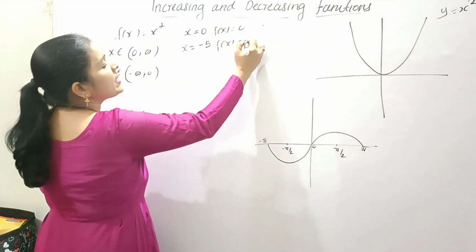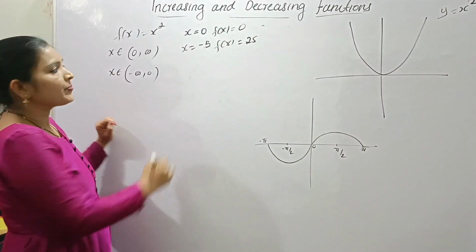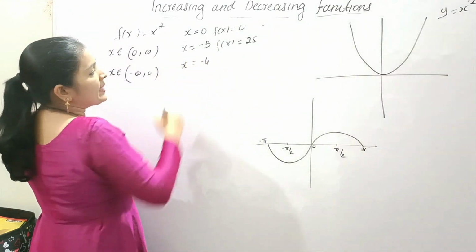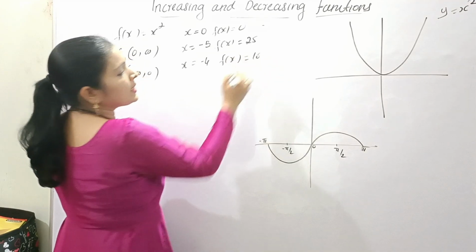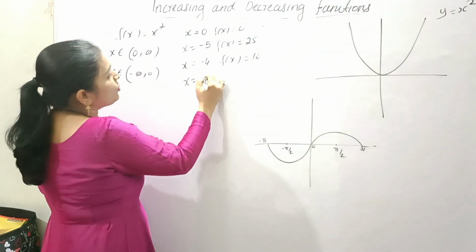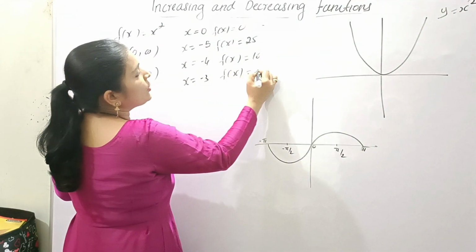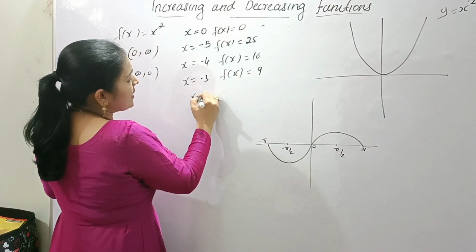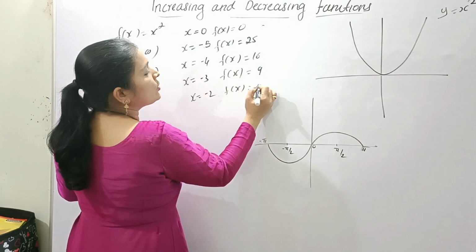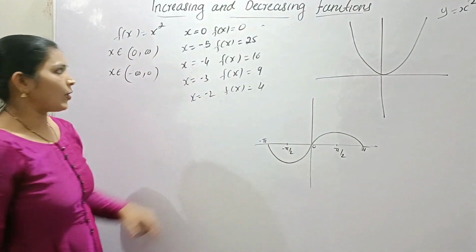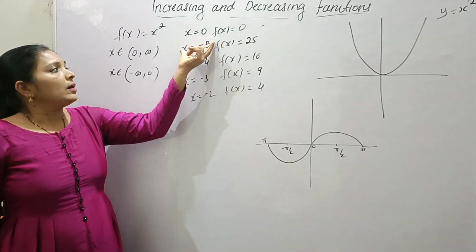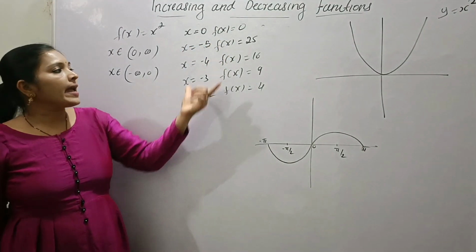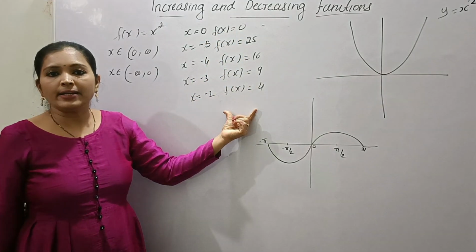What is f of x? 25, right? When x is equal to minus 4, f of x is equal to 16. X is equal to minus 3, f of x is equal to 9. X is equal to minus 2, f of x is equal to 4, etc. So here, as x increases, f of x decreases, right?